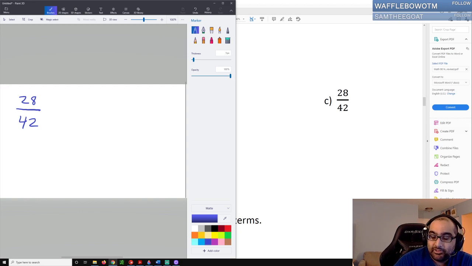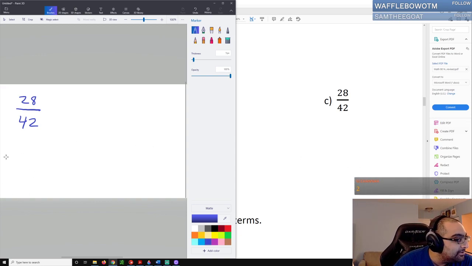What do you think? What can we divide by here? So we got to divide by the same number here, regardless.